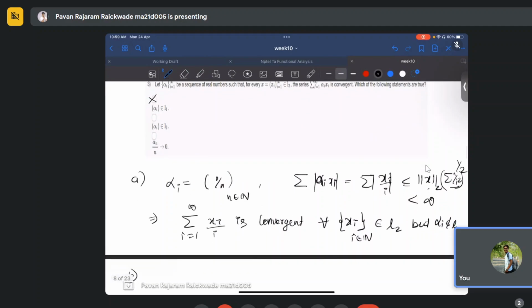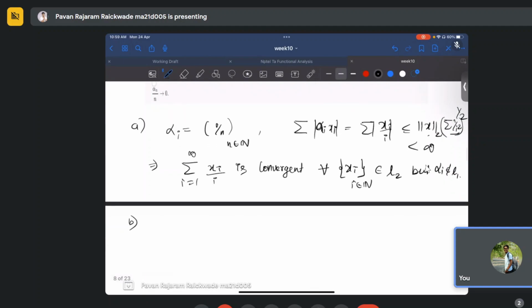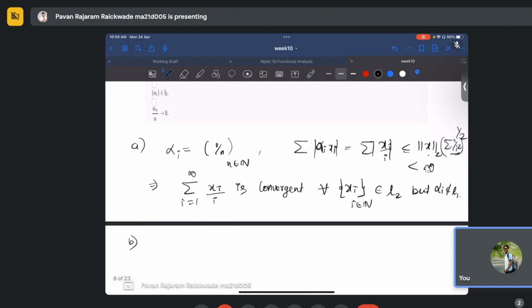We want to check if alpha is square summable. Okay, so let's go with the sequence of partial sums maybe. I'll define maybe an operator Tn from L2 to L2 given as Tn of x equals alpha 1 x1, alpha 2 x2, up to alpha n xn, and then 0 afterwards.